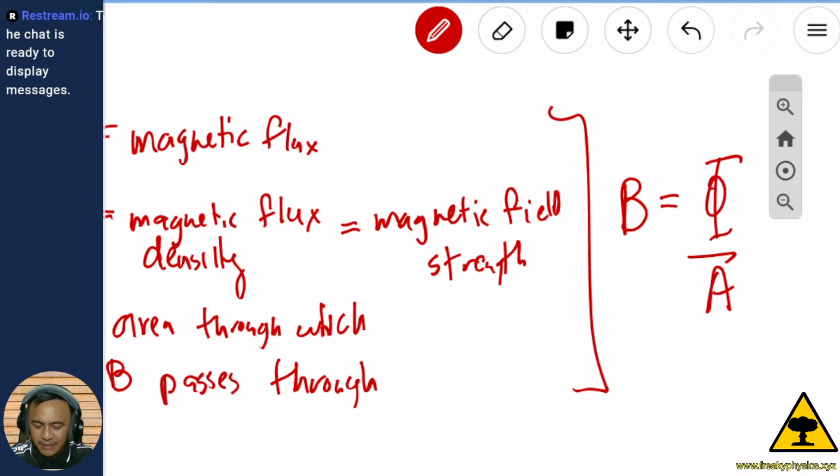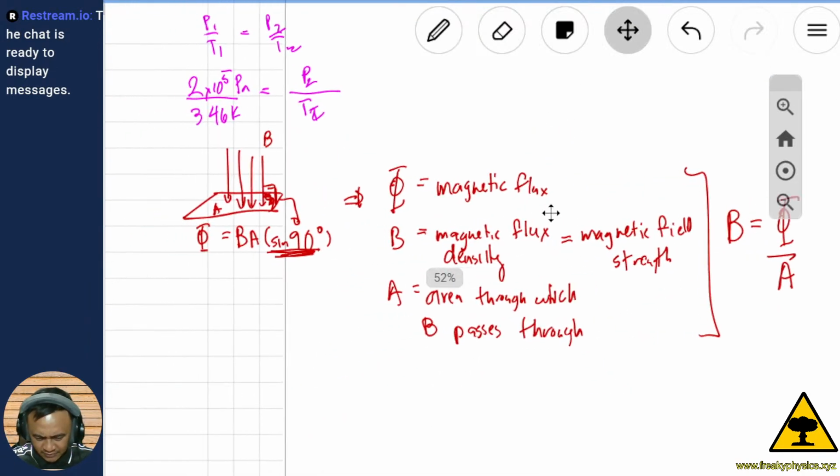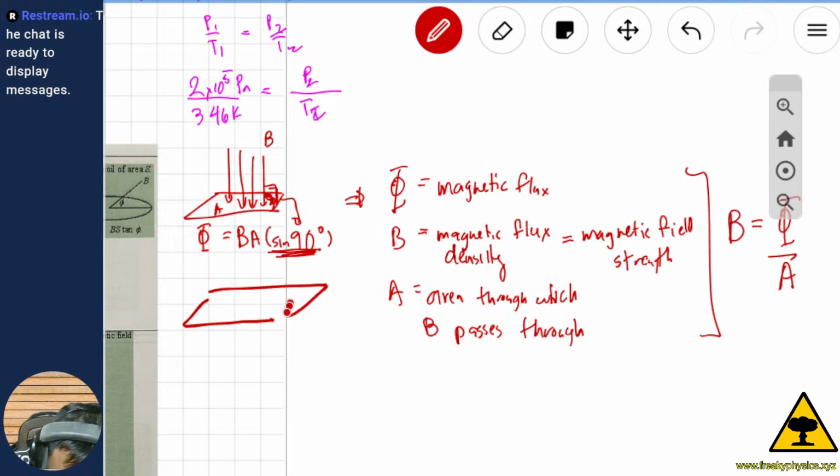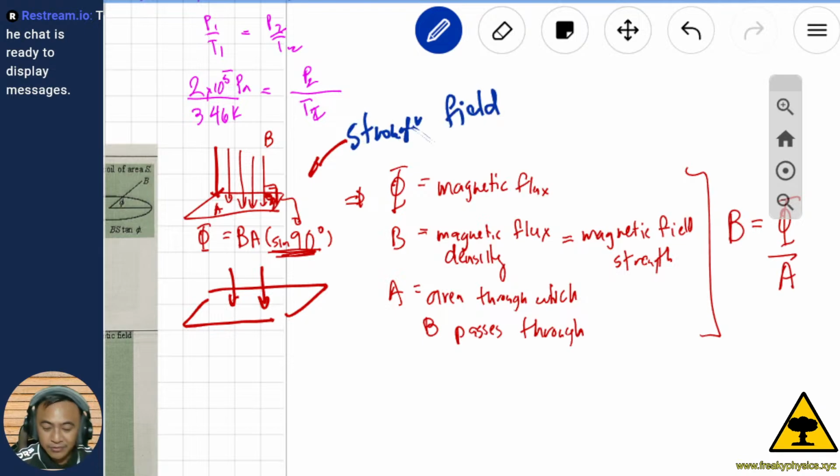The way I think about it, and this is going to make it a bit more visual, is if we compare two areas like this one, let's make it easy. This has 5 magnetic field lines passing through it. This one will only have 2 magnetic field lines passing through it. So the first one is going to be the stronger field.